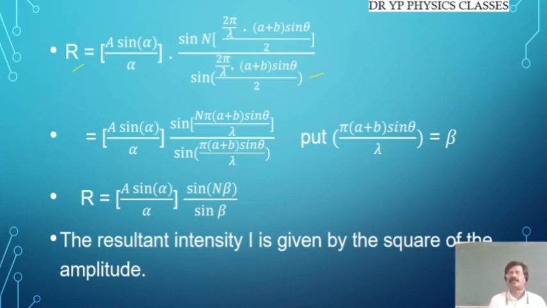Now let us put pi into a plus b sin theta by lambda equal to beta. Then the equation reduces to the simplified form: R is equal to A sin alpha by alpha into sin n beta by sin beta.